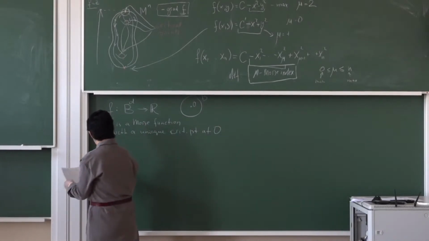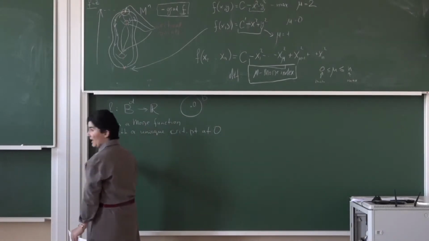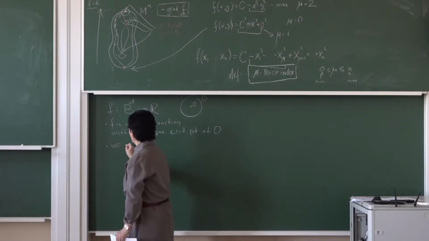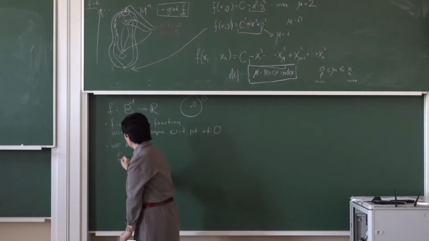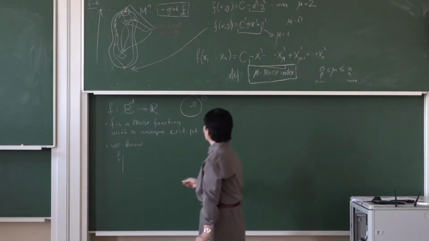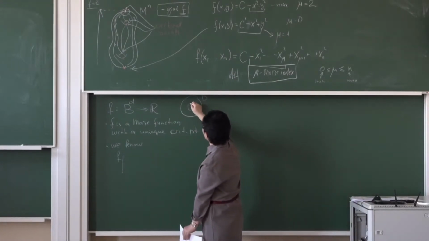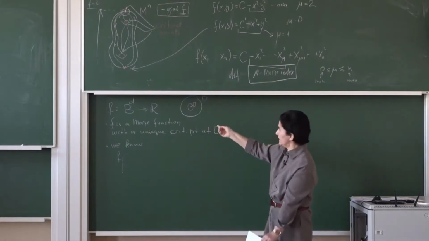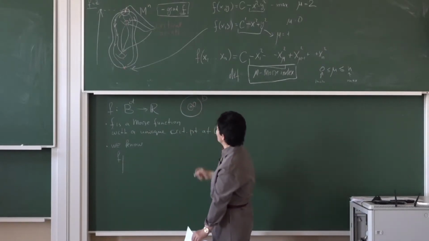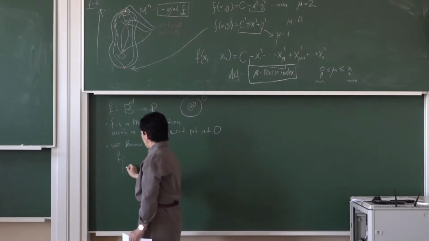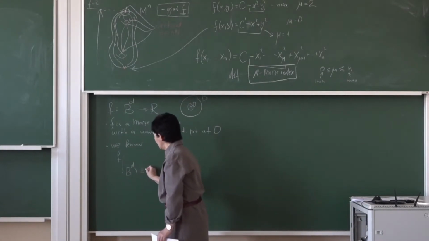Assume that we know the restriction of the function f to the deleted ball. So we take the big ball and we delete a neighborhood of the 0. So it is BD minus epsilon times BD.